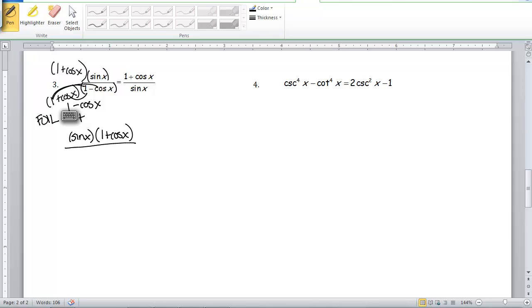Cosine x times 1 is a positive cosine x. And cosine times negative cosine is a negative cosine squared. The middle terms cancel out, leaving me 1 minus cosine squared. The nice thing about that being 1 minus cosine squared is that now I have a Pythagorean identity. And so I can change that denominator into sine squared x.